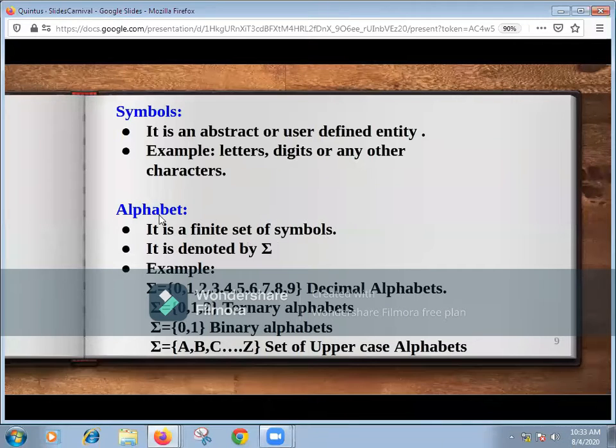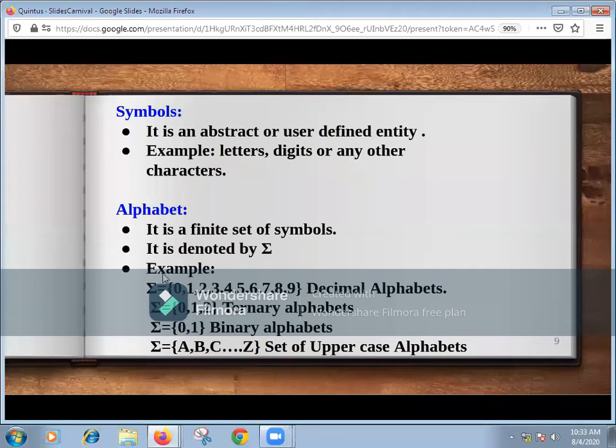Alphabet is based on symbol, and it is a finite set, which means its number of elements is specific, or it is countable. And its notation is the summation symbol. So you have to show the alphabet using the summation symbol.